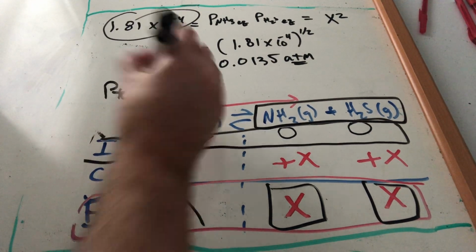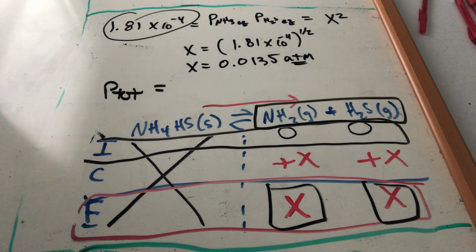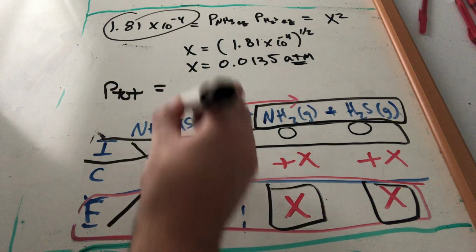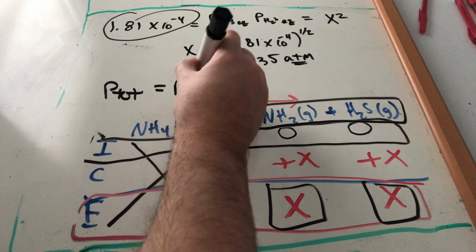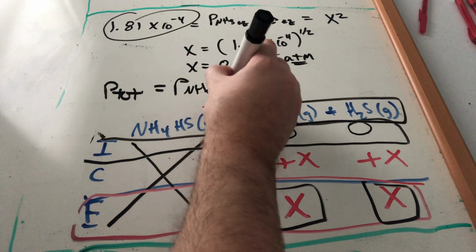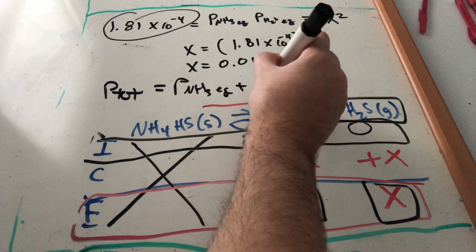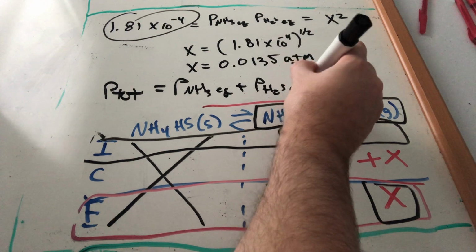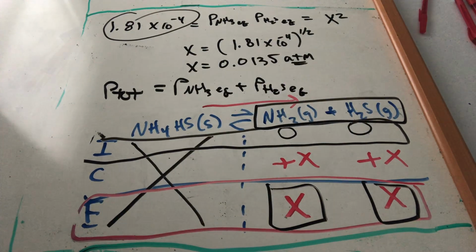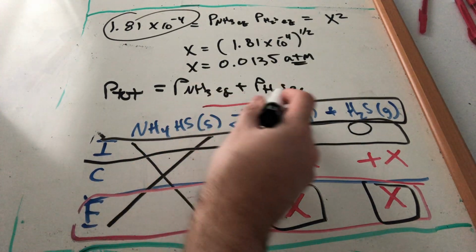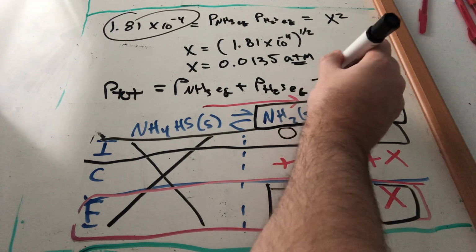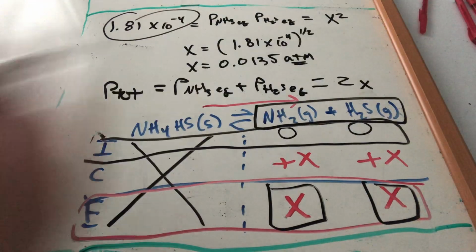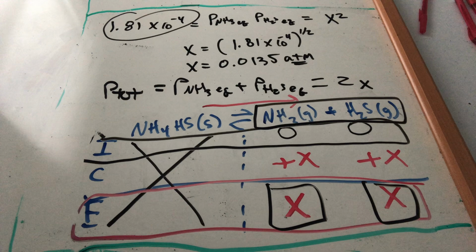We can use Dalton's law, all right? Dalton's law of partial pressure says the total pressure at the end of my reaction is going to be my PNH3 at equilibrium plus my PH2S at equilibrium. Each one of these is an X. So for Dalton's law, the total pressure is going to be 2X.